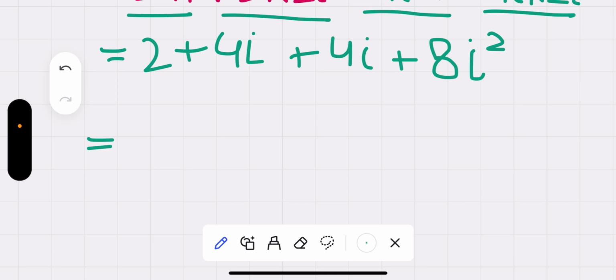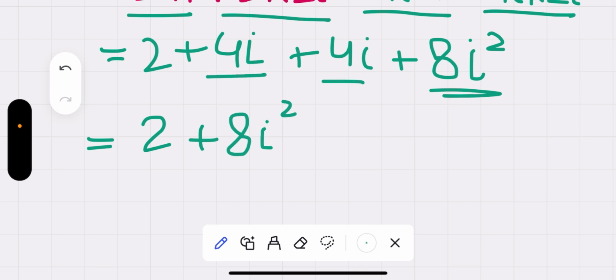Now we shall write real part with real part. Here we have 2 and this is plus 8 iota square, and these are plus 4 iota and plus 4 iota. We shall write 8 iota.